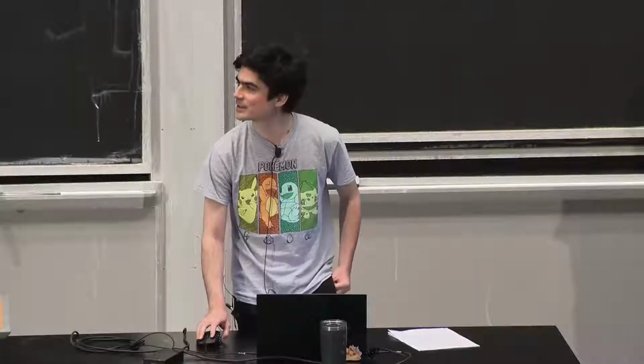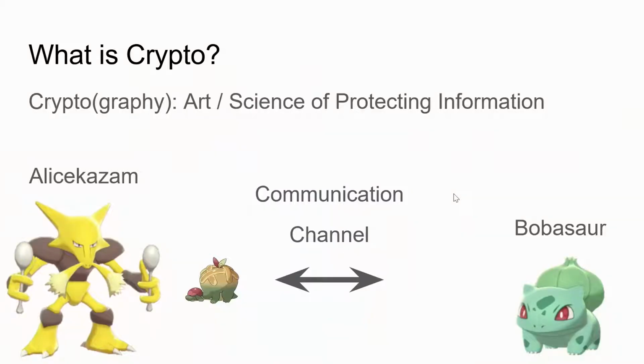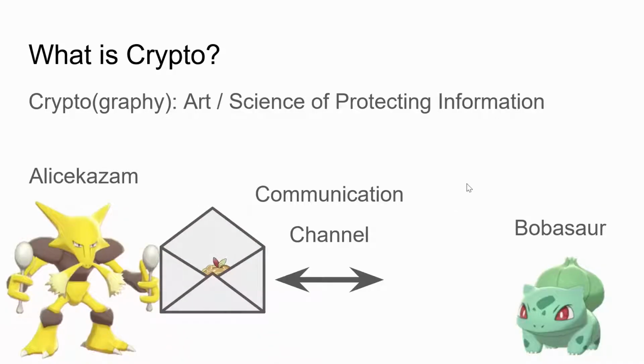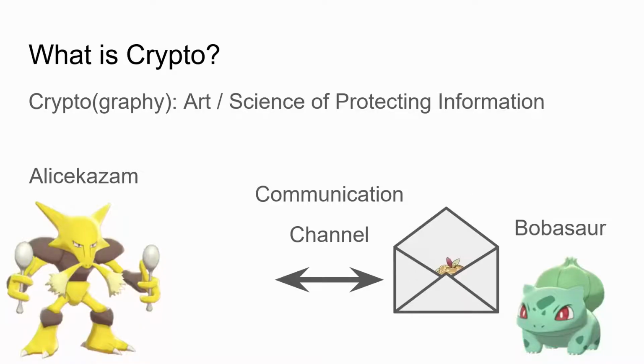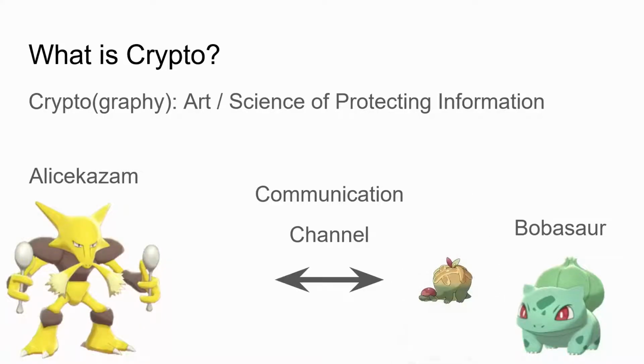Maybe Alazkazam wants to send a message. It's Pi Day, so she's going to send a pie over to Bulbasaur. Maybe she puts it in an envelope, pops it in the post, and Bulbasaur receives it. He can open up the envelope and get the message. Does that basic setup make sense to people? Okay, so nothing too fancy yet.